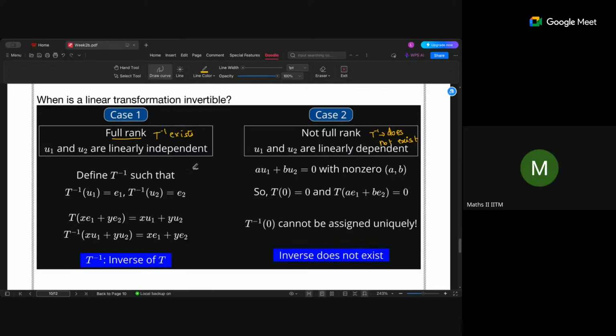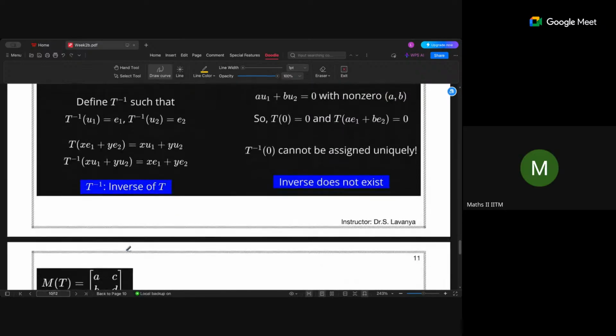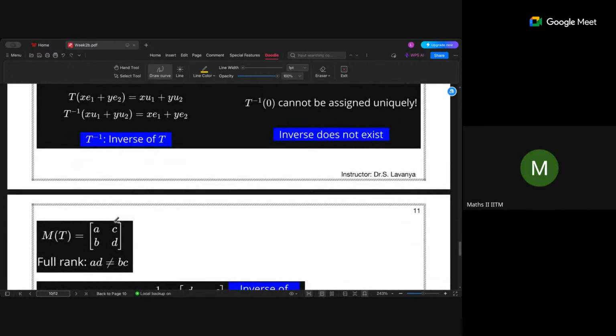When you take any linearly independent vectors, T inverse of u1 equals e1 and T inverse of u2 equals e2. Then if T of (x, y) is x u1 plus y u2, T inverse is this. You can also find the inverse using the matrix, which is the most common way.